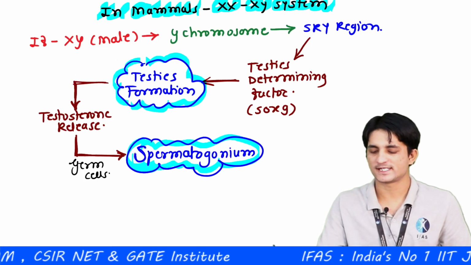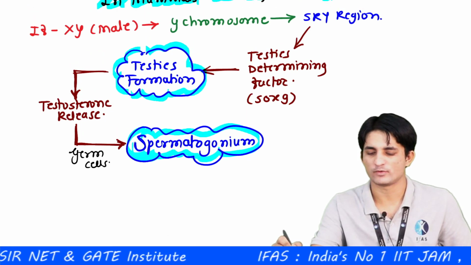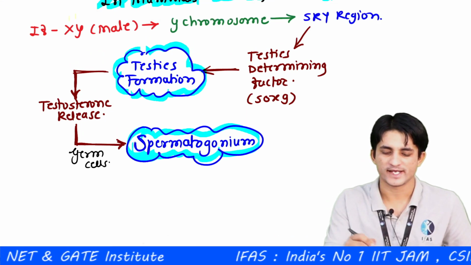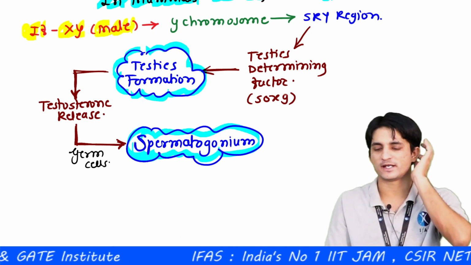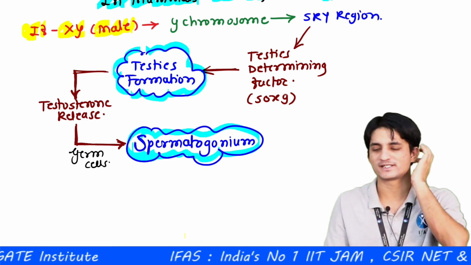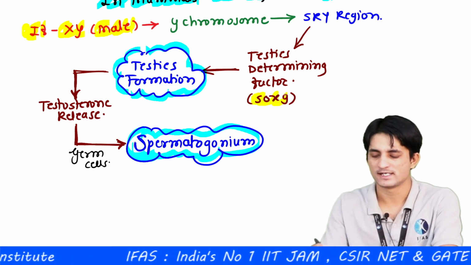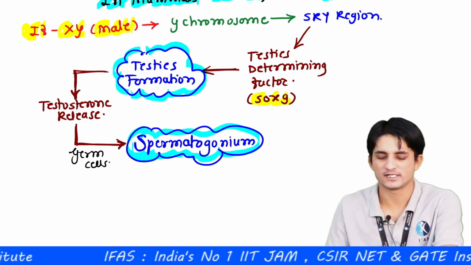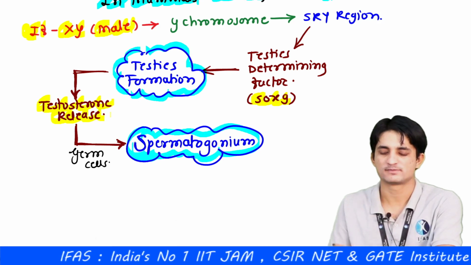Now if in the male XY chromosomes are present, then from the Y chromosome the SRY region is expressed, SOX9 will express, and there is formation of testis and release of testosterone, which converts germ cells into the spermatogonium.